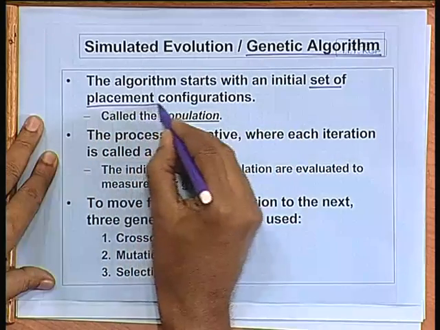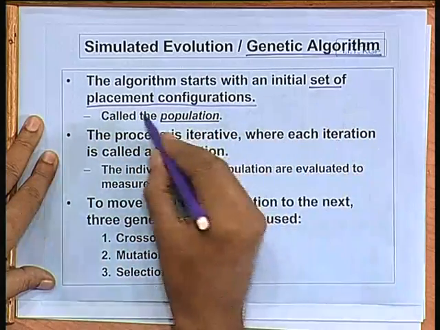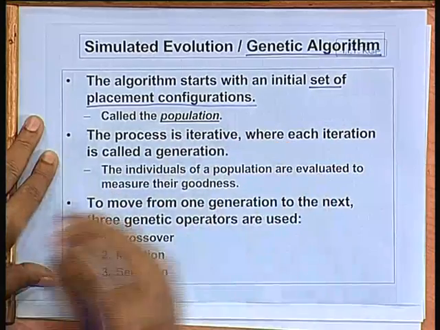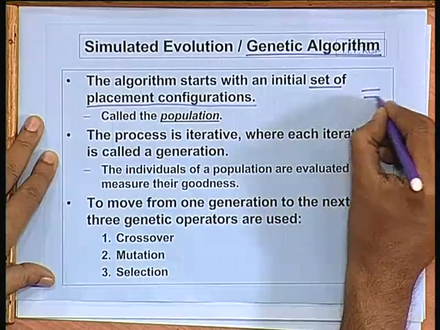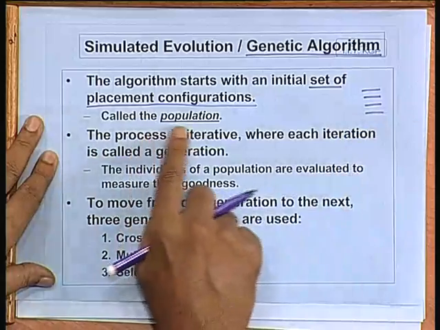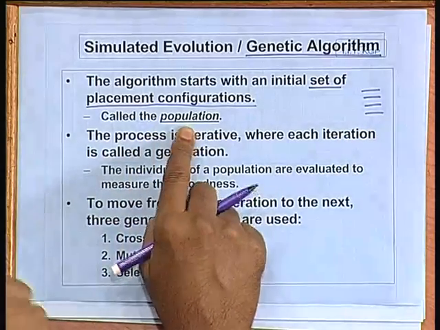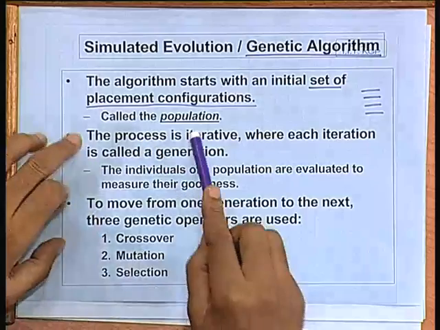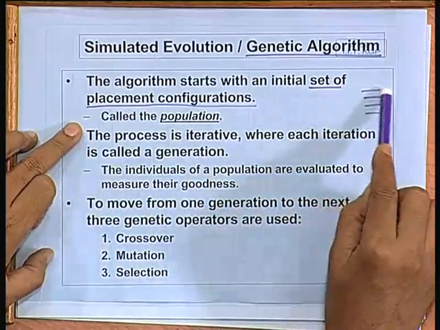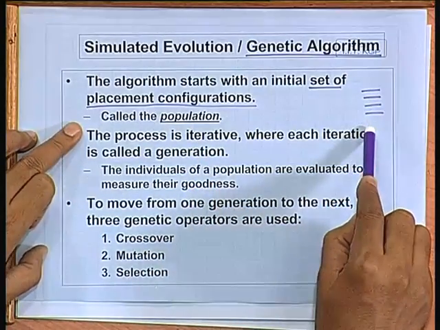So, with respect to placement, there is a set of placement configurations to start with. You call this set of solutions the population, a collective set of solutions.